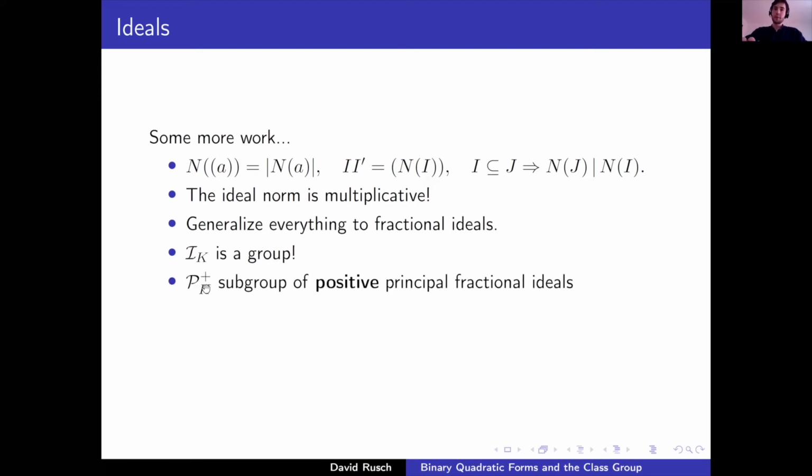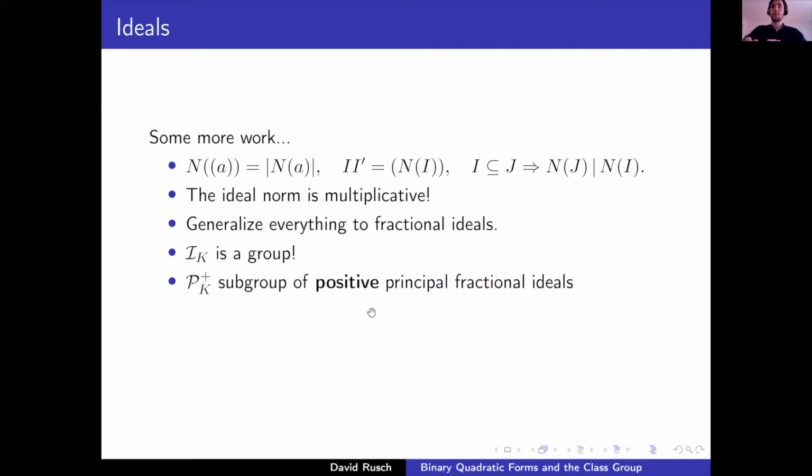And we can also show that the positive principal fractional ideals are a subgroup of that group. And here we look at positive principal fractional ideals. That's different from the general setting from before. So this just means that they are generated by an element with positive norm.